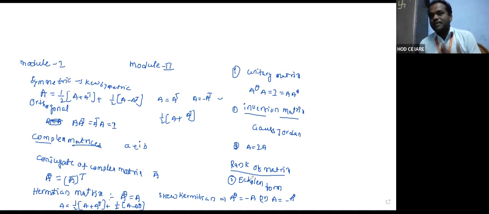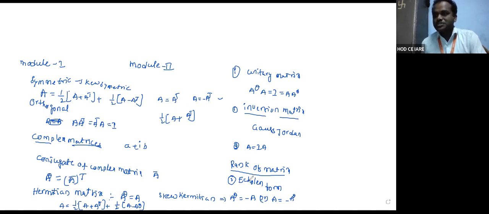In some cases the entire row becomes zero, or zeros appear in the middle of a row. In those cases we interchange the rows and columns. After that, the rank of the matrix is the number of non-zero rows.